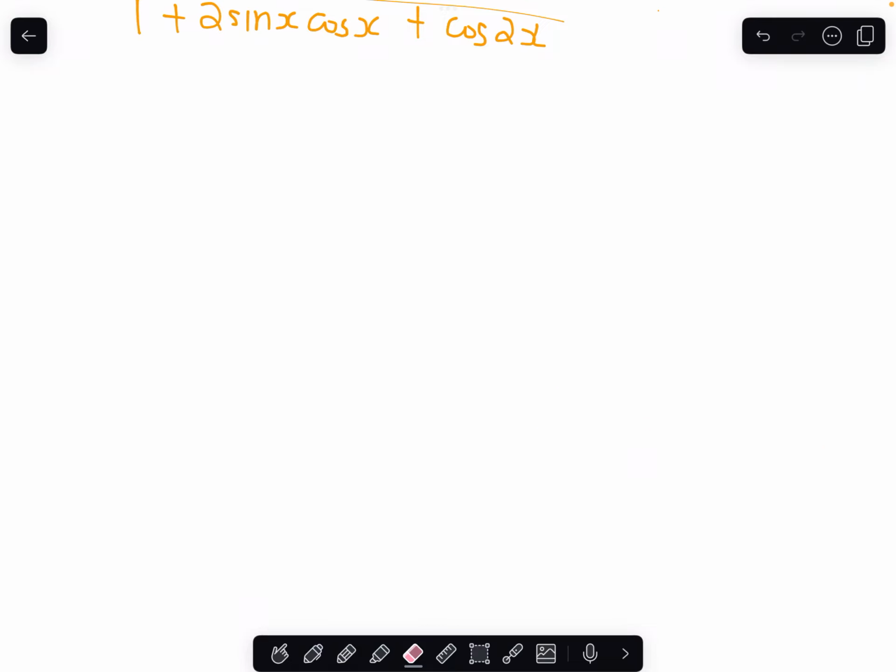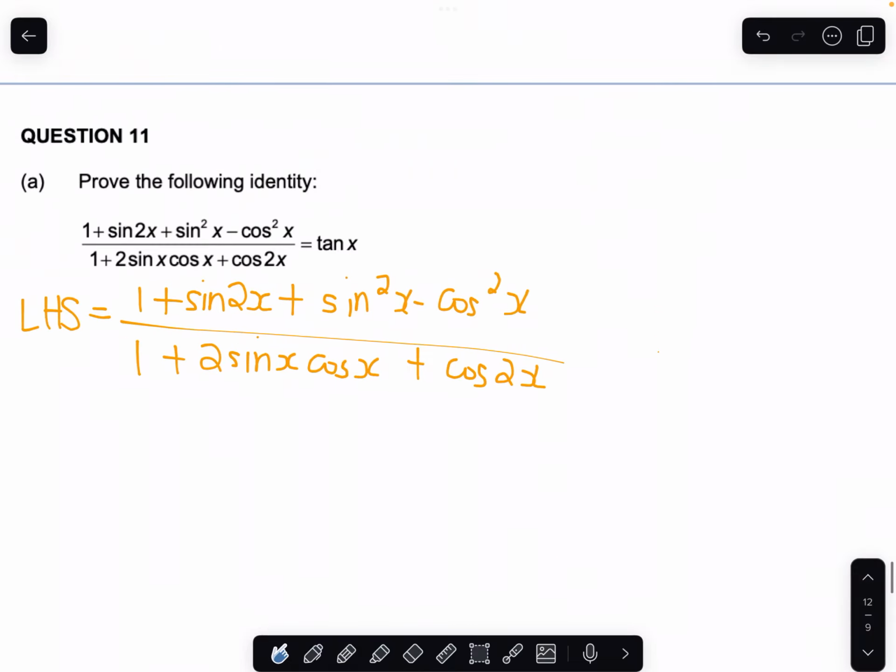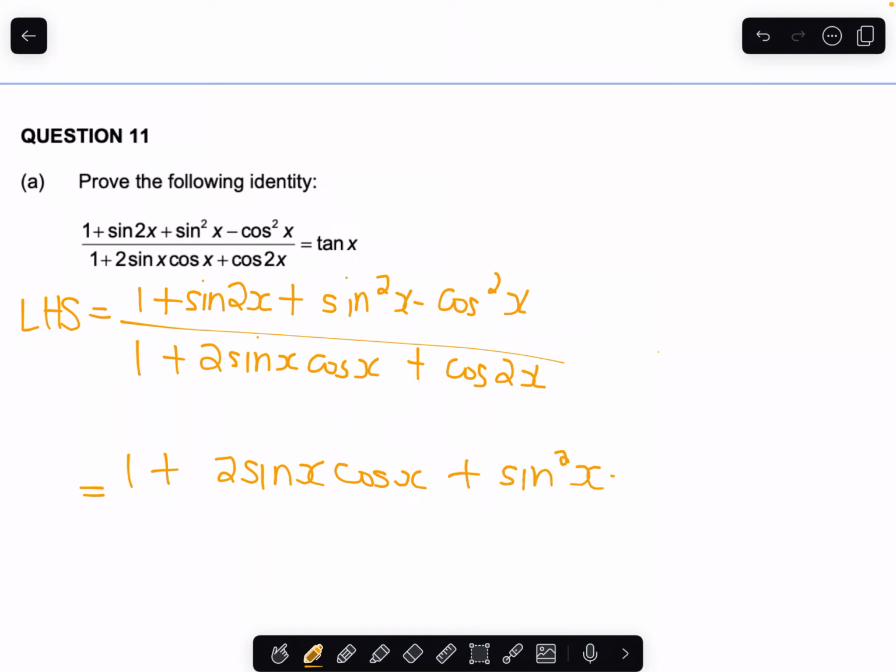Right, so now we want to rewrite things in terms of x and not 2x. So this is using my sine double identity, and then we've got sine squared x minus cos squared x.